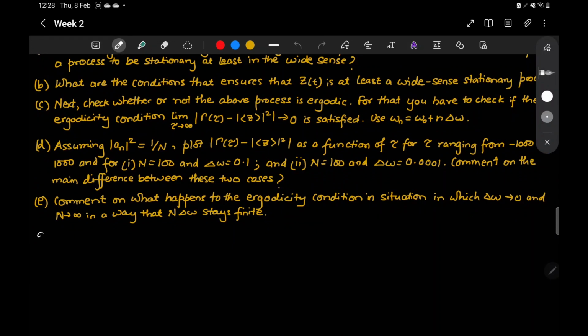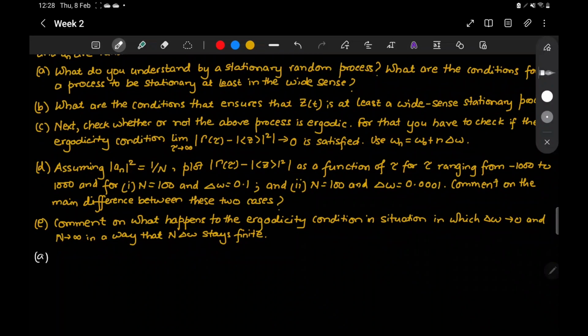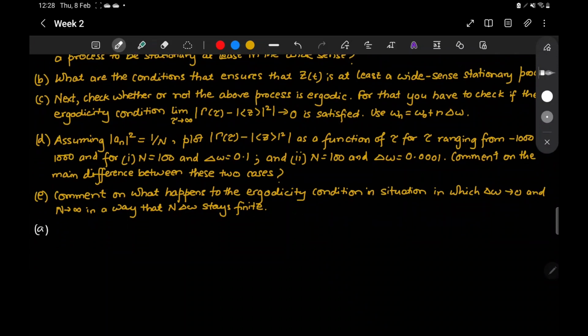So part A is a definition type question. It asks you, what do you understand by a stationary random process, and what are the conditions for a process to be stationary, at least in the wide sense. So a stationary process, let me define it for you.